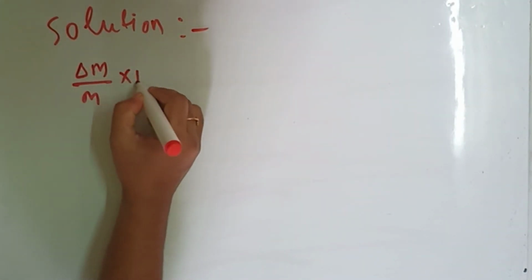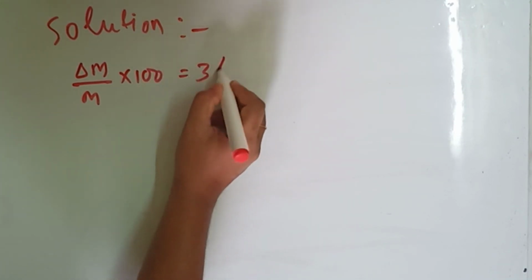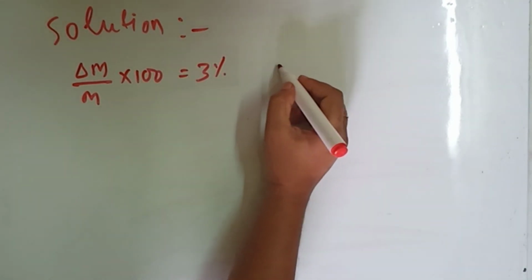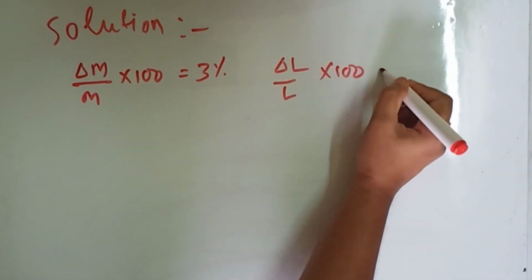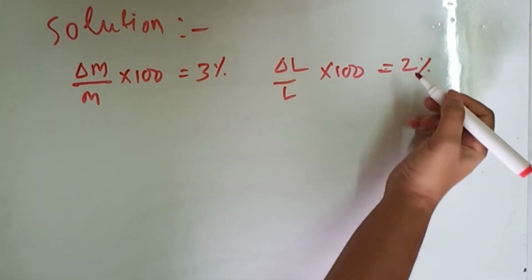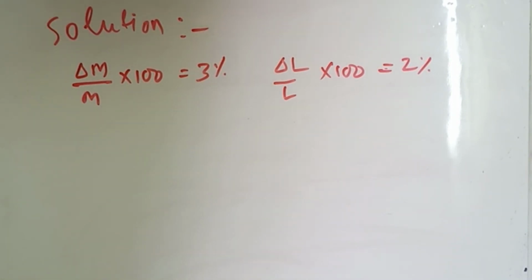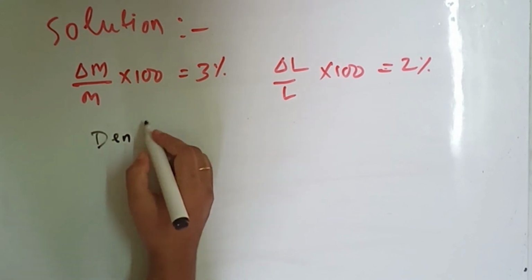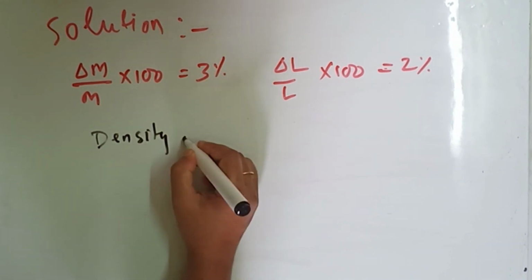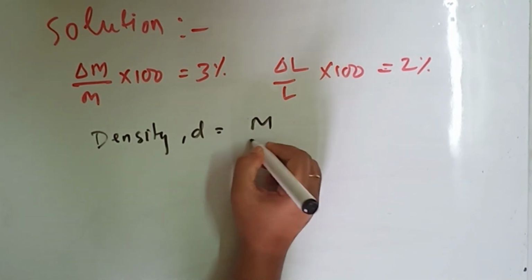So what is the percentage error in mass? 3%. Your relative error multiplied by 100, which is 3%. What is the percentage error in length? It is 2%. This is what is given in the question. Come to density. Density equal to mass upon volume.